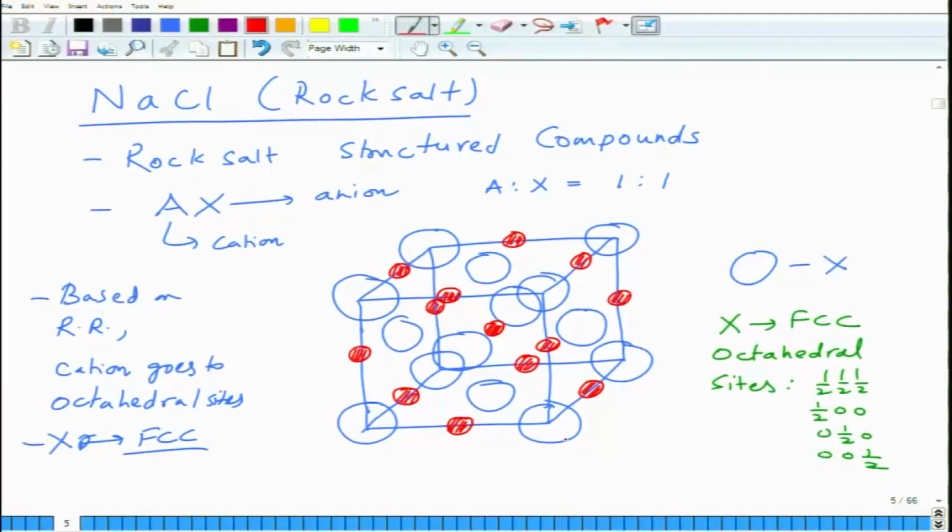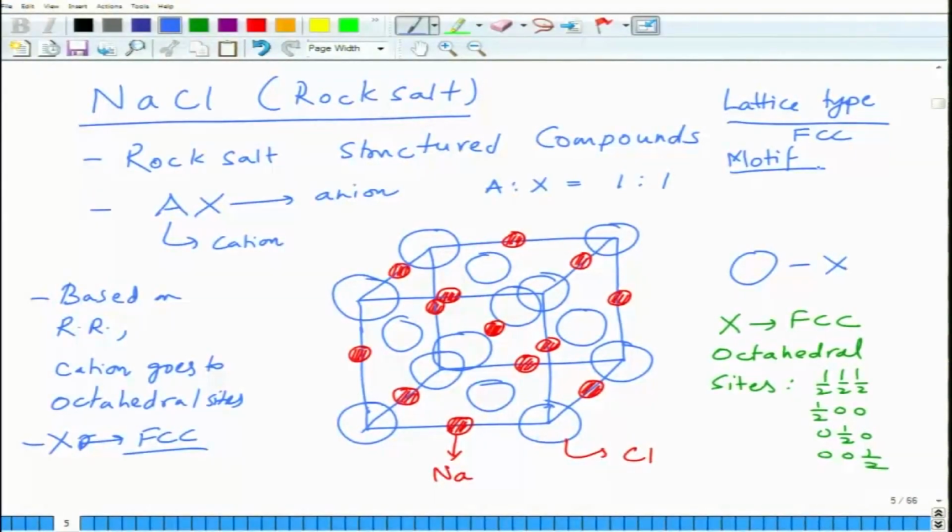So, this is chlorine, this is sodium. So, FCC is basically the lattice type in this case. What is the lattice type? Lattice type is FCC, very good. How do you describe the motif?